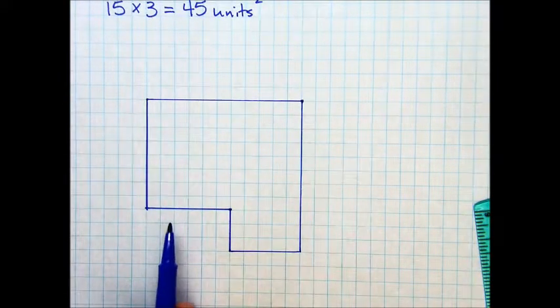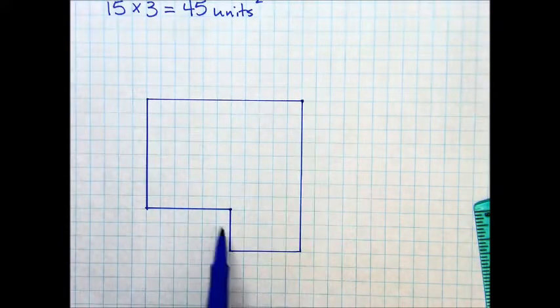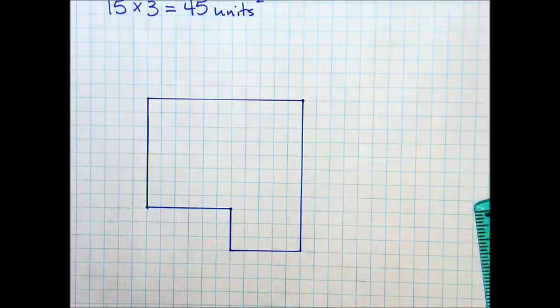Now this is not a rectangle or a square. It does have 1, 2, 3, 4, 5, 6 sides. So, we could say it's a hexagon, but it doesn't really look like a regular hexagon.